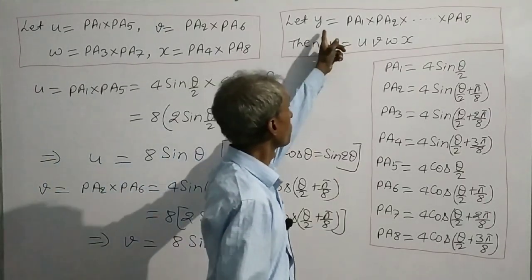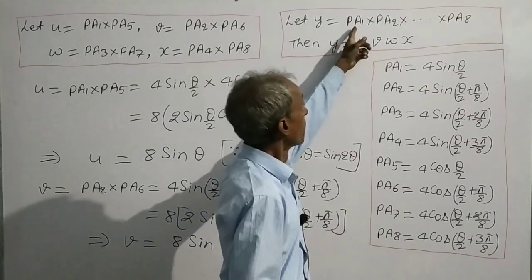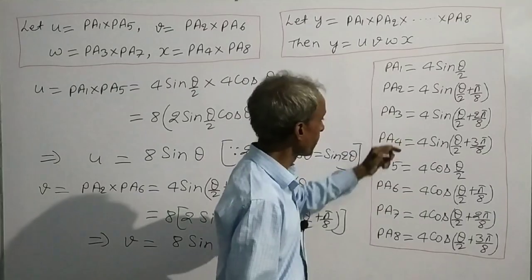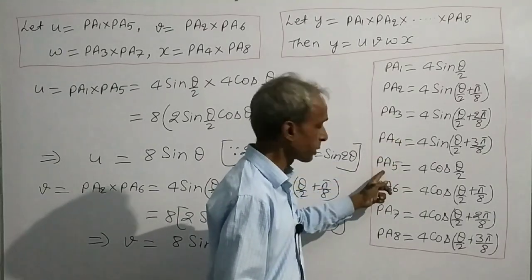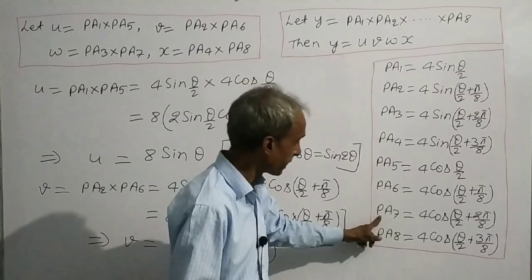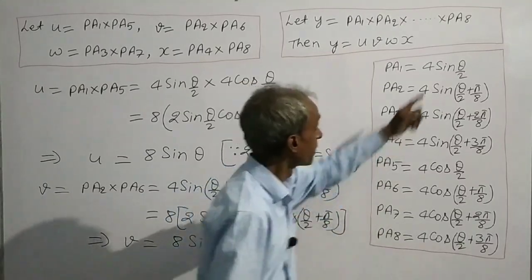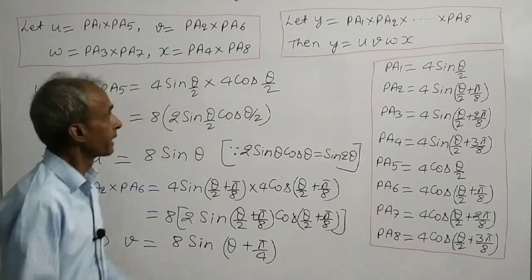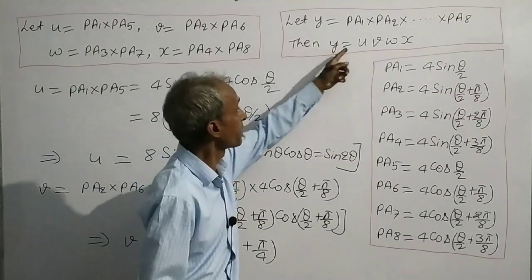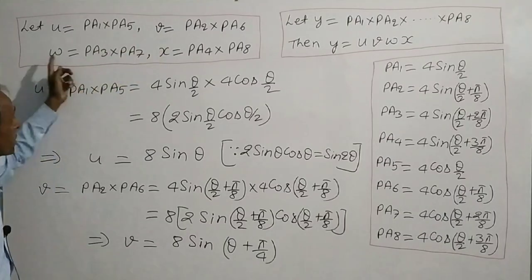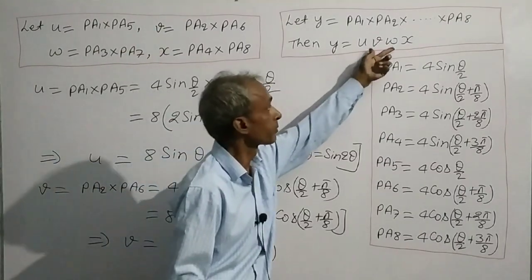Again, we suppose Y is equal to PA1 times PA2 times PA3 times PA4 times PA5 times PA6 times PA7 times PA8. Then this Y will be equal to U times V times W times X.